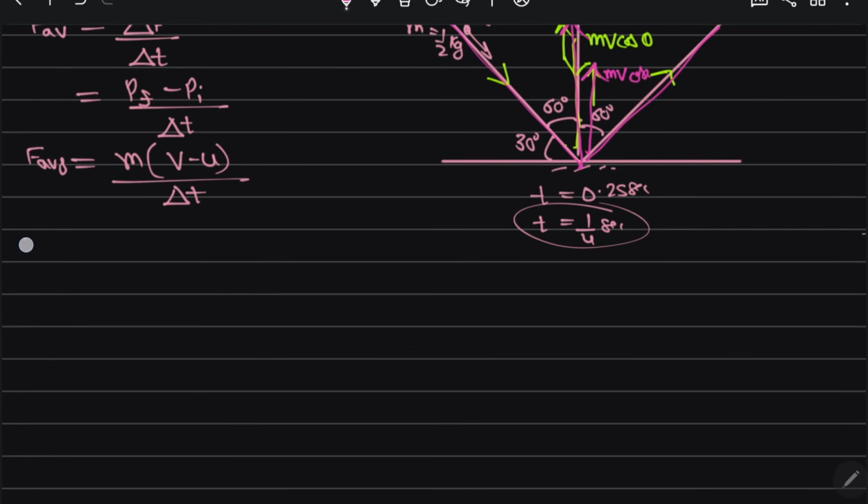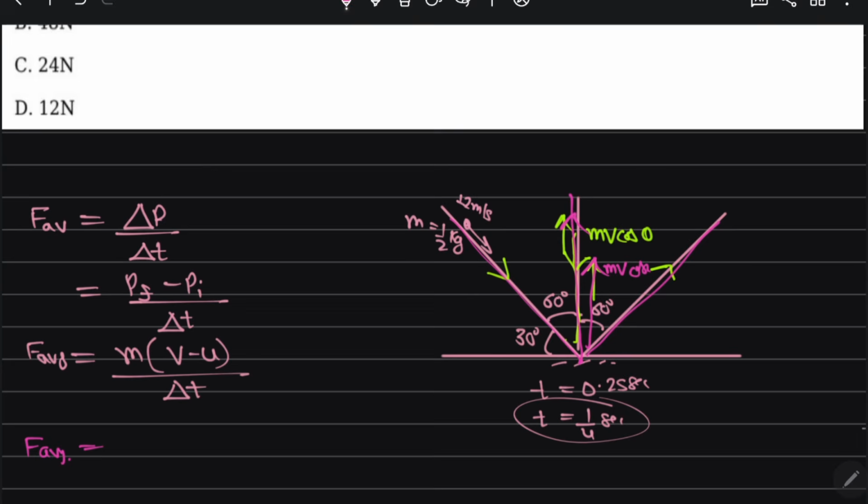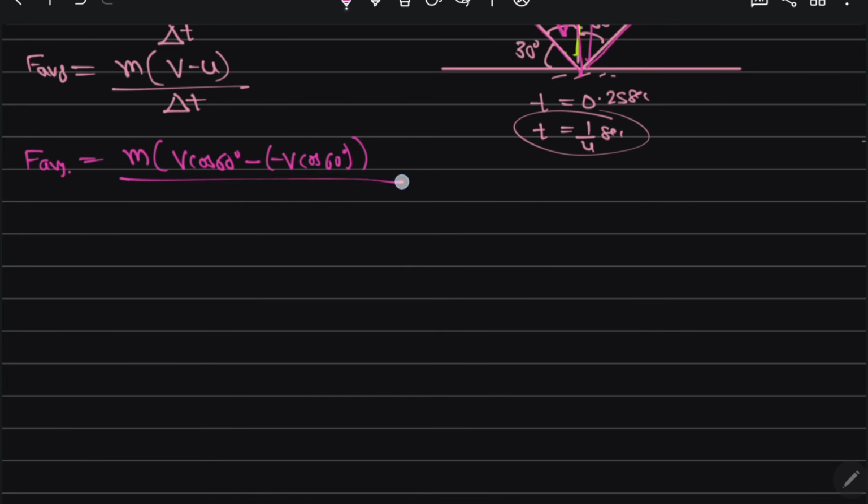So here you see the average force comes out to be, one is going downwards and the other is moving upwards. So mv cos 60 degrees minus (minus v cos 60 degrees) divided by time interval 1 by 4.